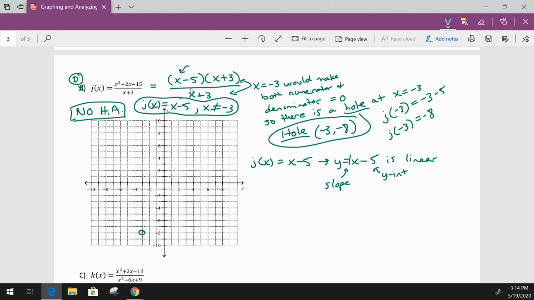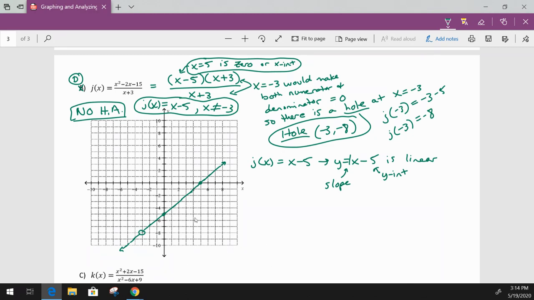So x equals 5 is going to be your 0, or your x-intercept. We have an x-intercept at +5 and a y-intercept at -5, and we basically just have a line with a hole at the point -3, -8. Once again, you can see that these rational functions are very unique. There's a lot that have different shapes and forms.